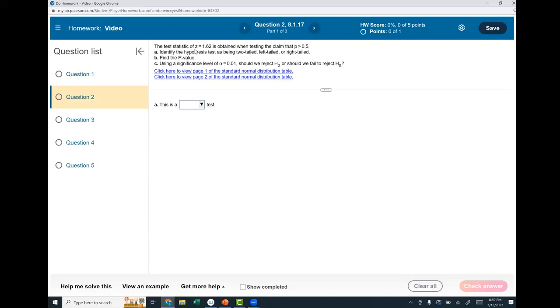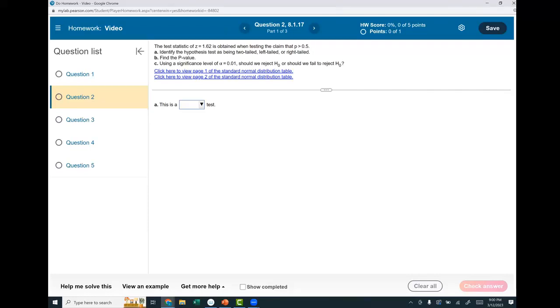The test statistic of z equals 1.62 is obtained when testing the claim that p is greater than 0.5. Identify the hypothesis test as being two-tailed, left-tailed, or right-tailed. So my test statistic, which is my z number, and I'm testing the claim that p is greater than 0.5.